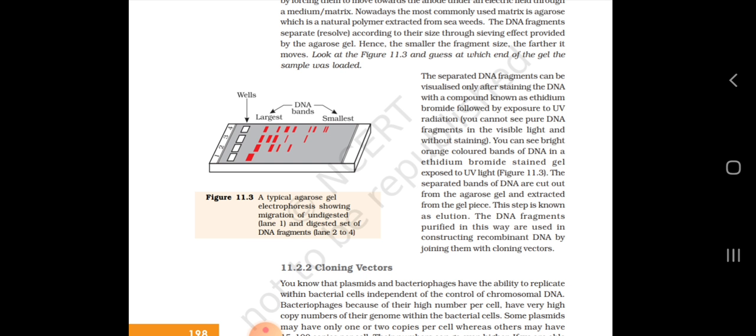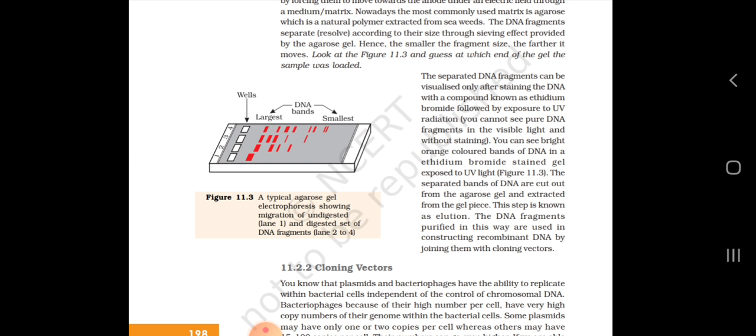The separated DNA fragments are visualized after staining the DNA with ethidium bromide, followed by exposure to UV radiation. The DNA fragments are then seen as orange colored bands. When this gel is placed under UV, we find various orange colored bands.